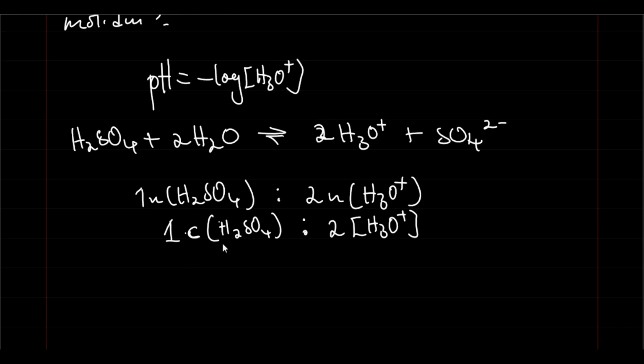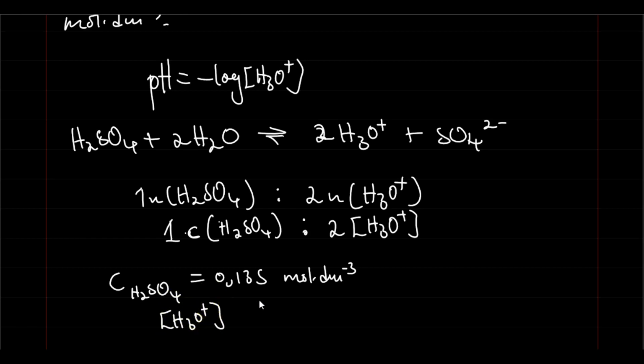Because here I was just showing you what is needed, so now let's go on and calculate. We are given the analytical concentration of H2SO4, which is 0,135 mole per dm cubed. Now we want the concentration of the hydronium.